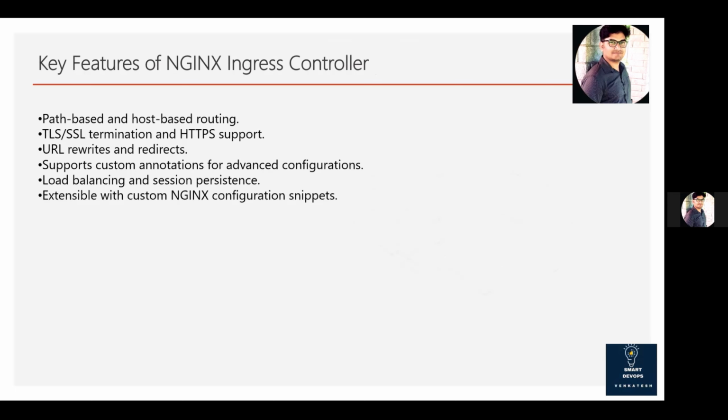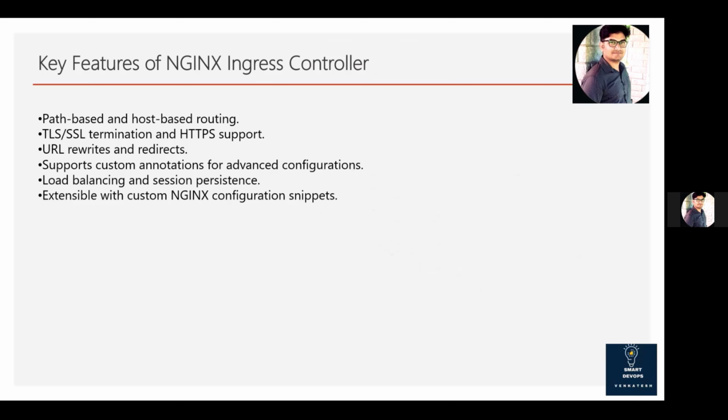Next, covering the features of this NGINX controller. As I said, we have path-based and host-based routing, and TLS/SSL termination when you provide HTTPS support. There are also URL rewrites and redirects: you can provide special characters to your service and it will route very quickly. Then there are custom annotations for advanced configuration. I will explain in the complete demo why they are needed.